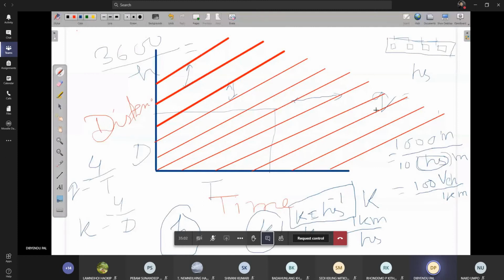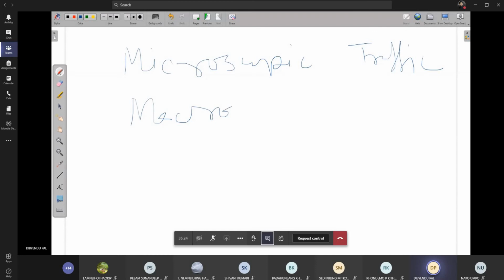This time headway and space headway are called the microscopic traffic characteristics. There are two terms: one is microscopic traffic characteristics, which we will come across a little later on, and another is macroscopic traffic characteristics. Then there is another type called mesoscopic traffic characteristics, but we will leave that.